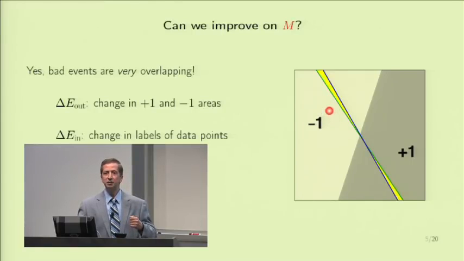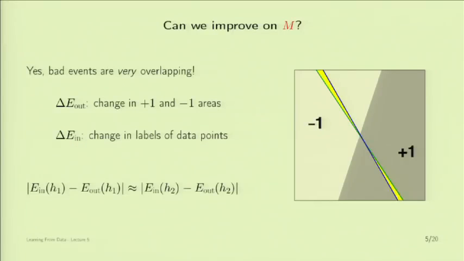If this is increasing, they both increase, because I get a net positive area for the delta out, and the probability of falling there also increases. Now, what we care about is that we would like to make the statement that how E in tracks E out for the first hypothesis, the blue perceptron, is comparable to how E in tracks E out for the second one. Why are we interested in that?